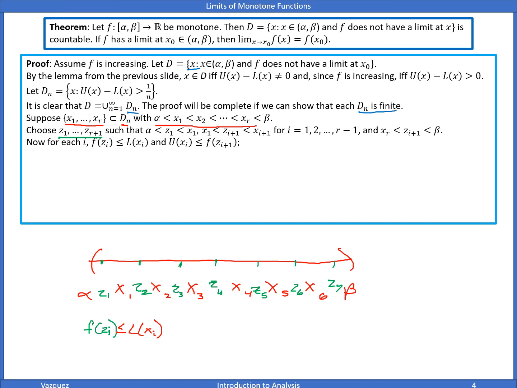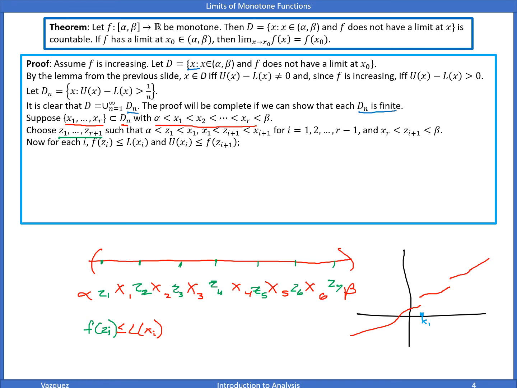So the supremum of all the values, let me draw a picture so this is clear. Let's say here is our x1 because that's the first point where we have a jump.